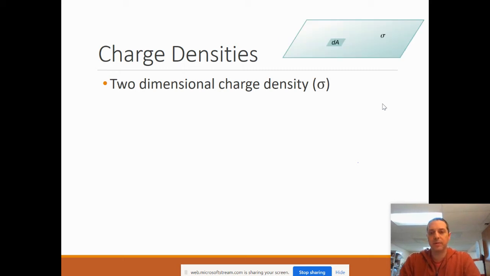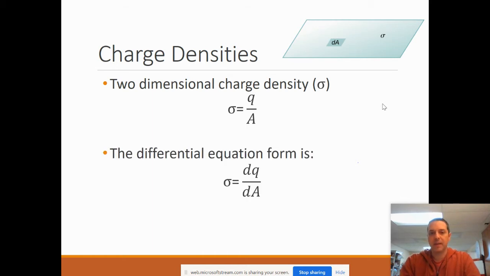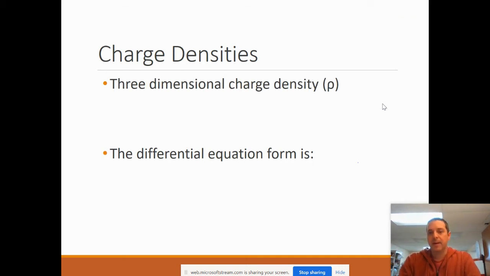Two dimensions, we're going to use the lowercase sigma, and that's just going to be charge per unit area. And the differential equation is going to be dq/dA, or the change in charge per change in area. And then in three dimensions, this is going to be charge per unit volume. Note that when you talk about charge per unit volume, this obviously cannot happen on conductors, because conductors would carry their charge on the outside of their surface.